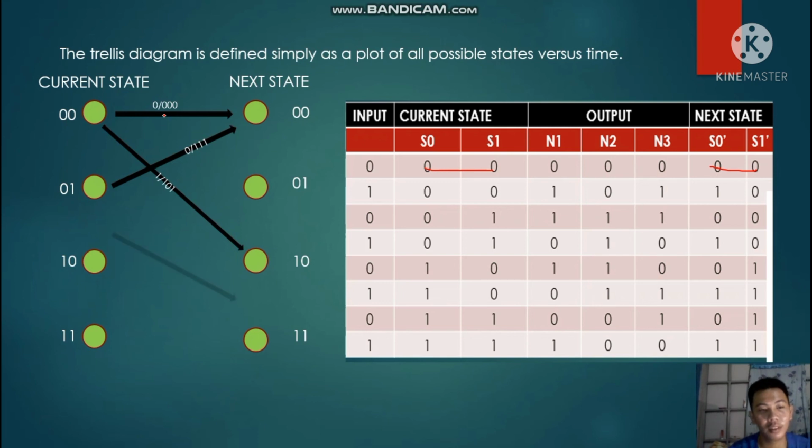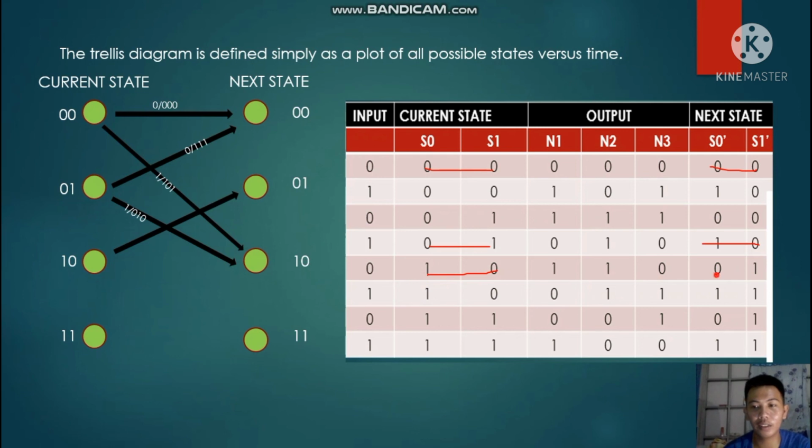Next, we have a current state of 0 1, next state 1 0, an input of 1 and an output of 0 1 0. So next, we have current state of 1 0, next state 0 1, an input of 0 and an output of 1 1 0.